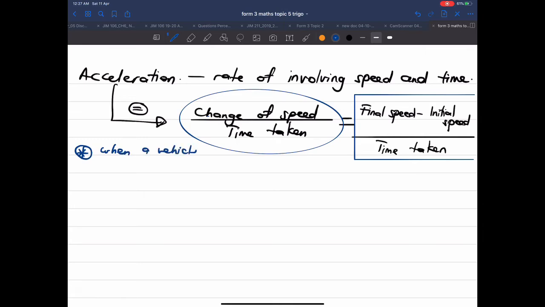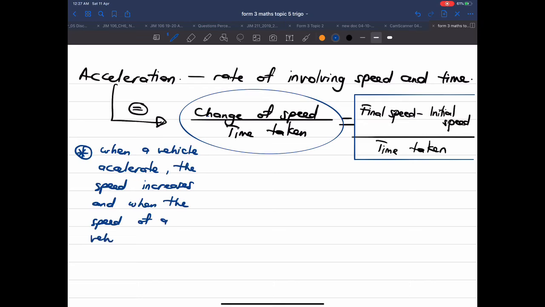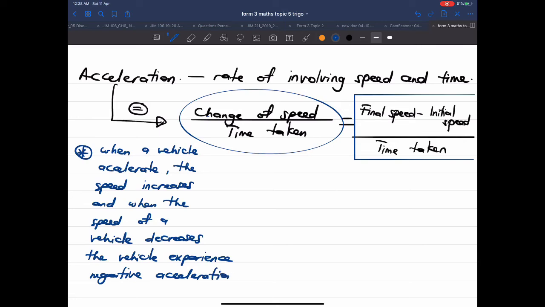When a vehicle accelerates, the speed increases, and when the speed of a vehicle decreases, the vehicle experiences negative acceleration, which is called deceleration.